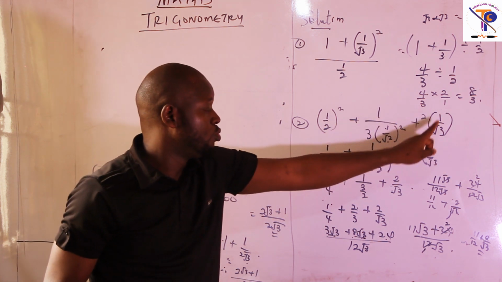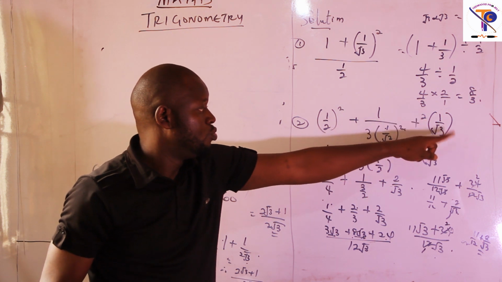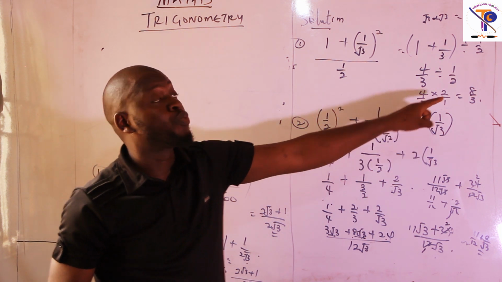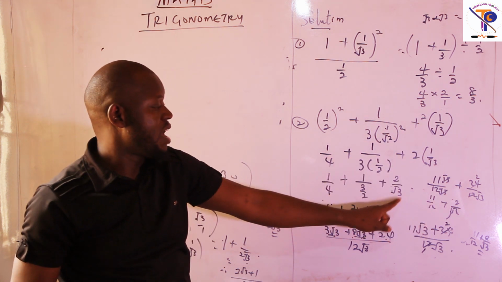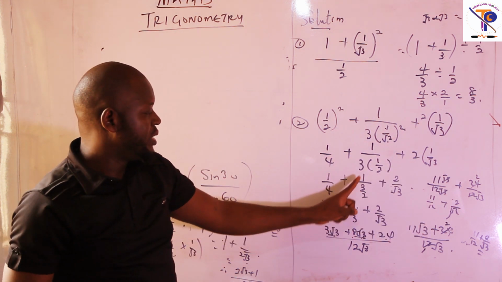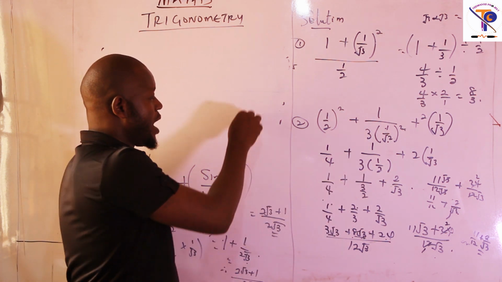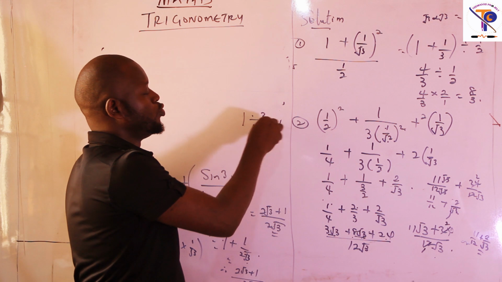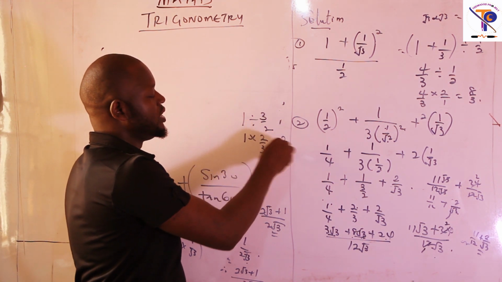We double it. 1 times 2, then we have 2 root 3. If you have 1/root 3 plus 1/root 3, it's going to give you 2/root 3. That is what we have there. Then we reciprocated this one, or you do your normal math like 1 divided by 3/2. So it's going to be 1 times 2/3. That's going to be 2/3 eventually.